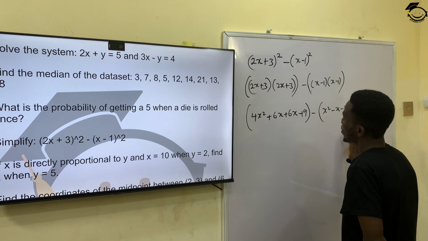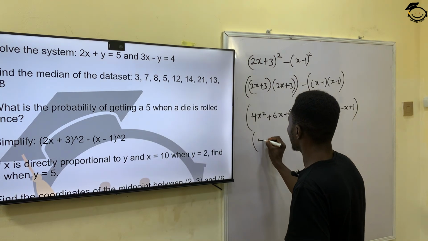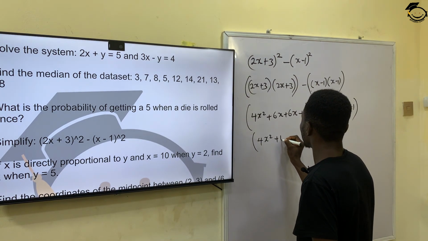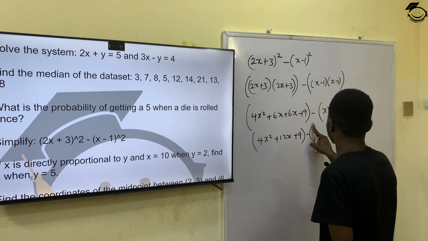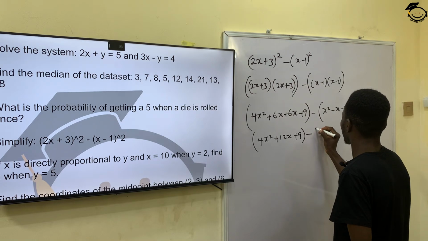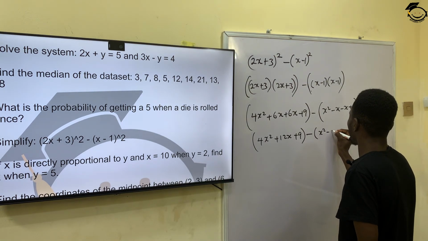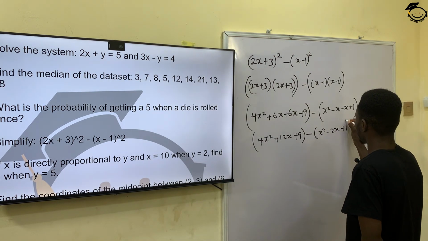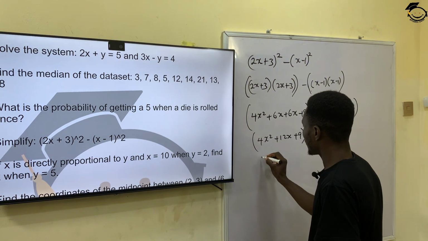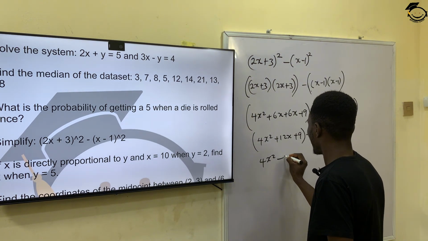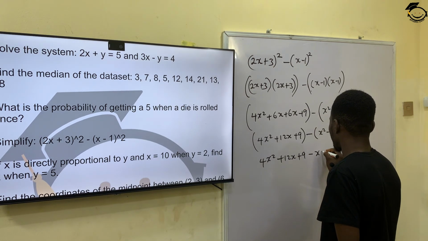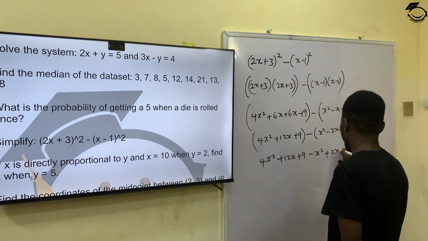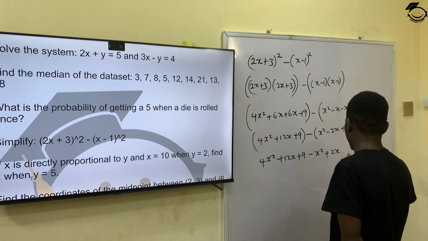plus 1. So if I simplify for that, this will give me 4x squared plus 12x plus 9, and this will give me x squared minus 2x plus 1. So if I open this bracket, I'll be having 4x squared plus 12x plus 9 minus x squared plus 2x minus 1.